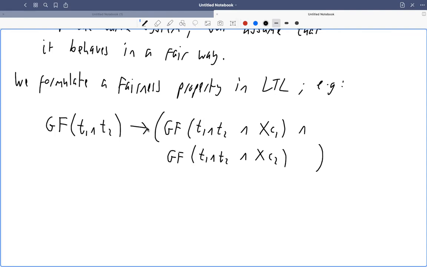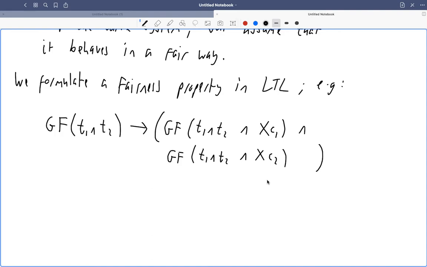And here we've got an implication. Given that GF says infinitely often, this implication is saying if we have a run on which T1 and T2 holds infinitely often, then infinitely often along the same run, we have that T1 and T2 holds, and in the next step, process 1 is critical. And also infinitely often along that run, T1 and T2 hold, and in the next step, C2 is critical.